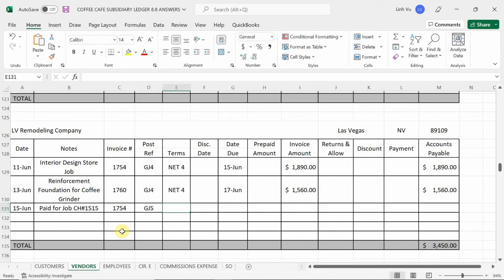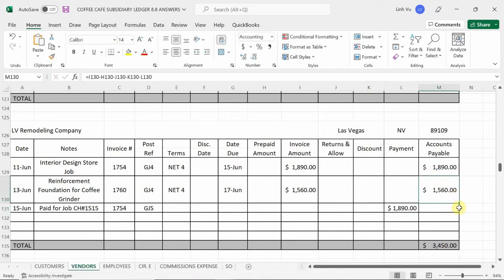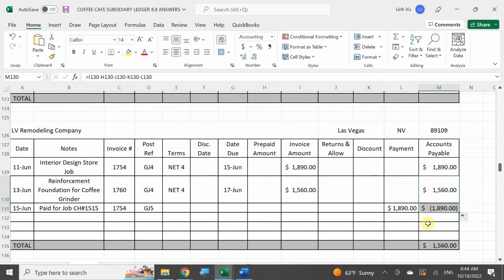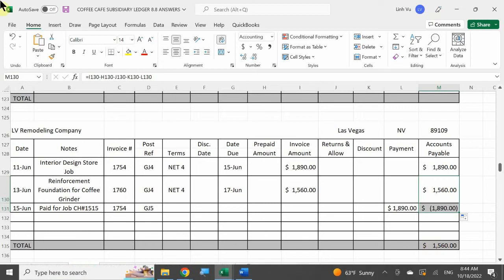You could skip all of this. Now, what did we do? We paid them. So you would put that under payment for 1890. That will subtract that 1890 off your account. So now you only owe 1560, which is true because you have one more bill to pay.